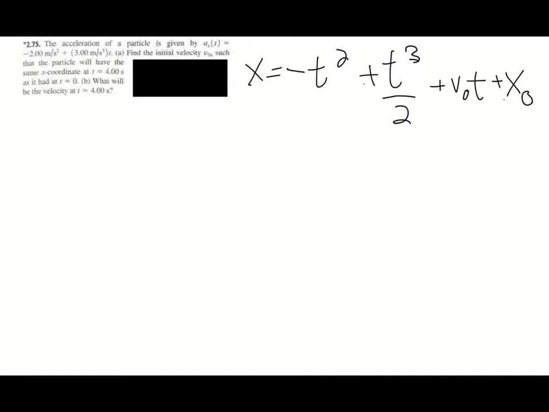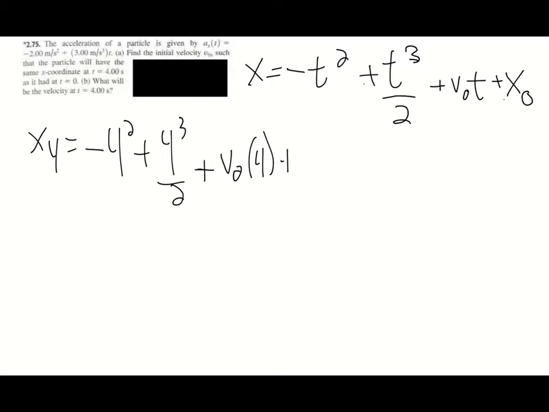So you can see I rewrote the equation on top, and we're going to plug in 0 and plug in 4, and then we're going to set the two equal. So x at 4 is going to equal -4 squared plus 4 cubed over 2 plus v naught times 4 plus x naught.